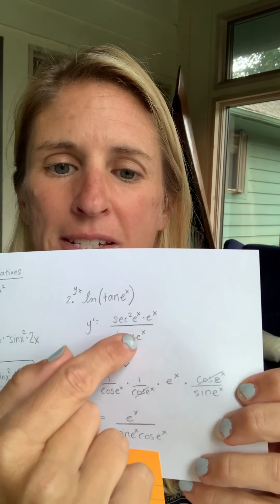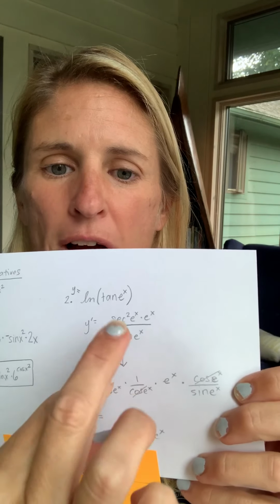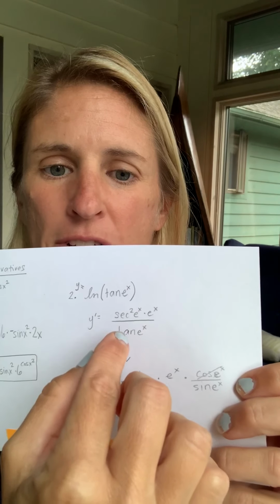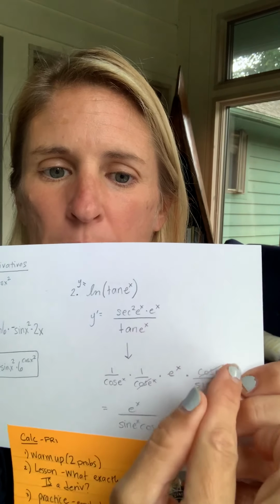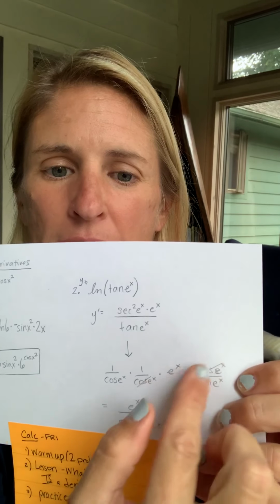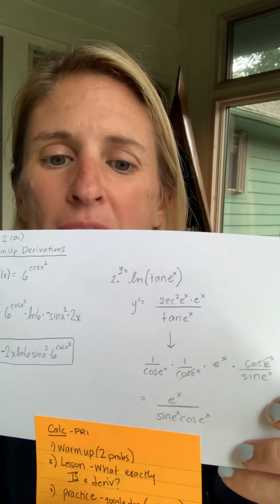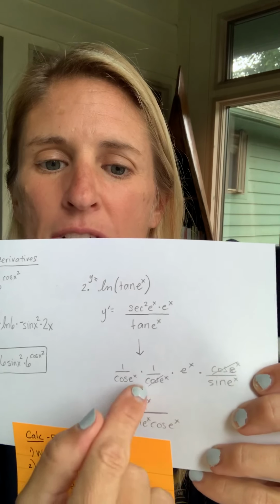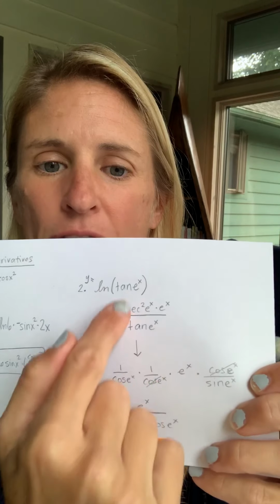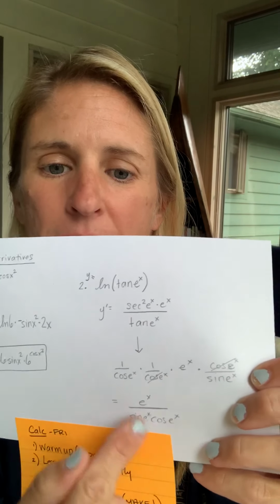And tangent is sine over cosine, so I wanted to flip that and make it multiplication. I turned tangent into sine over cosine, and I took the reciprocal and multiplied. I did that because I realized that at least 2 of the cosines would cancel. It's not really that exciting. But so we got e to the x on top, sine e to the x, cosine e to the x. Again, this is fine. This is fancy.